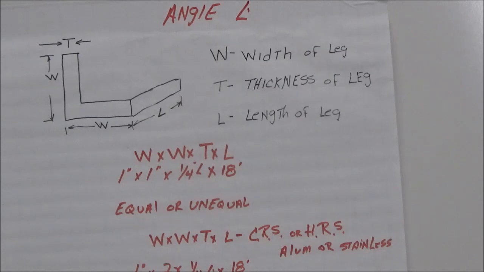If it was unequal, I would tell them I want some 2 by 2 or 2 by 3 angle, 1/4 inch thick by 20 foot long. So I would always specify what it was, and I would let them know whether I wanted it in steel, aluminum, or stainless. So if you're writing it out, make sure you put a little note onto the side as to what it is exactly you want.